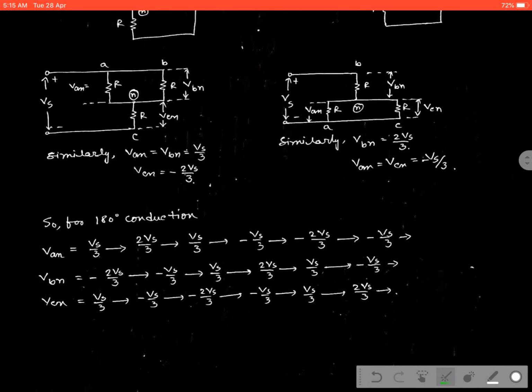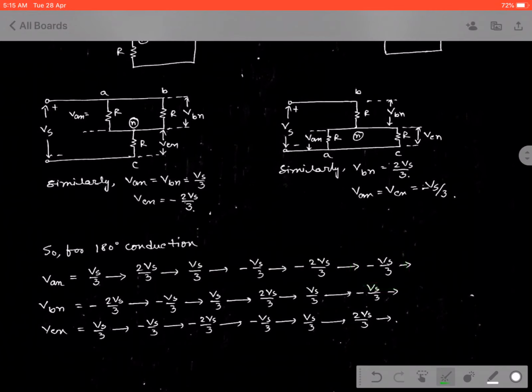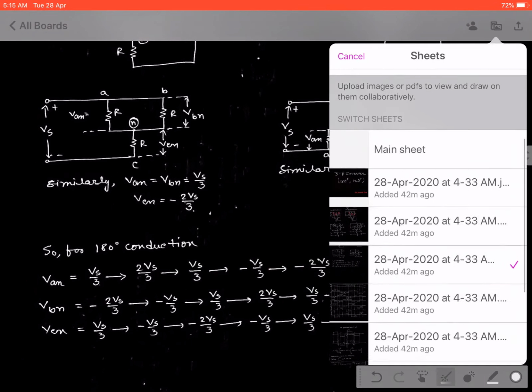See, VAN, that means first step, it has started from Vs by 3, then 2 Vs by 3, then again Vs by 3, and now minus Vs by 3, again minus 2 Vs by 3 and minus Vs by 3. So the same thing should be reflected on the waveforms also, right?